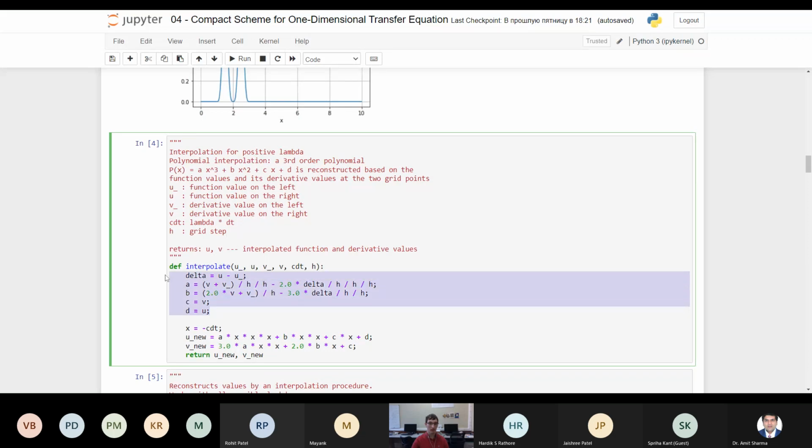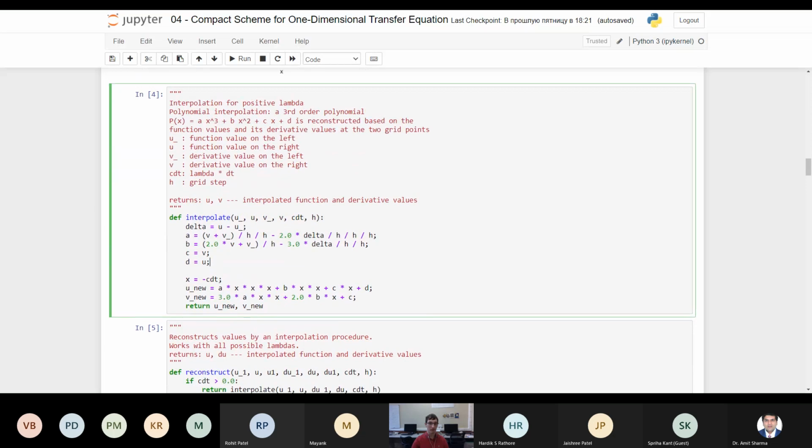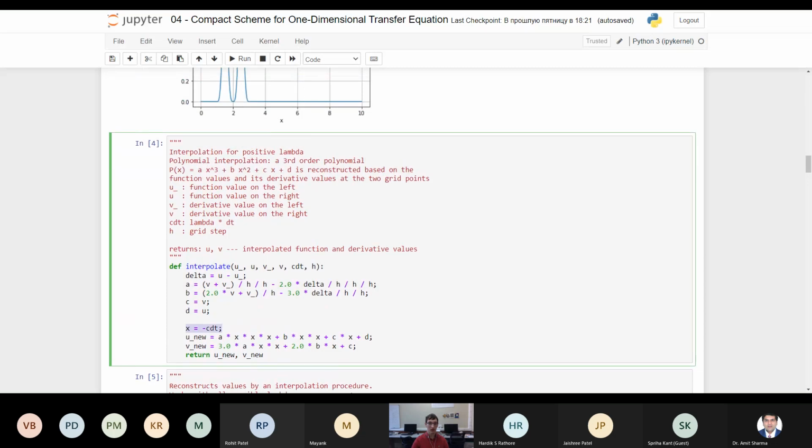The system of algebraic equations is solved analytically, and the following coefficients are found. Then we define x as the point for interpolation, and then we calculate the values on the next time step, just substituting the x into the polynomial formula, both for u and for derivative v.